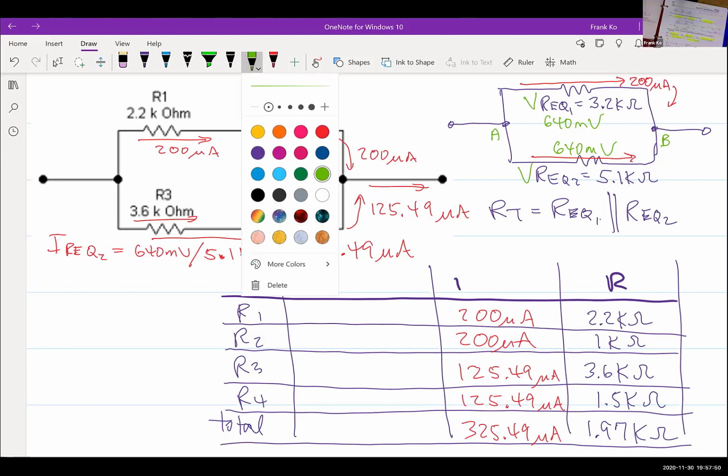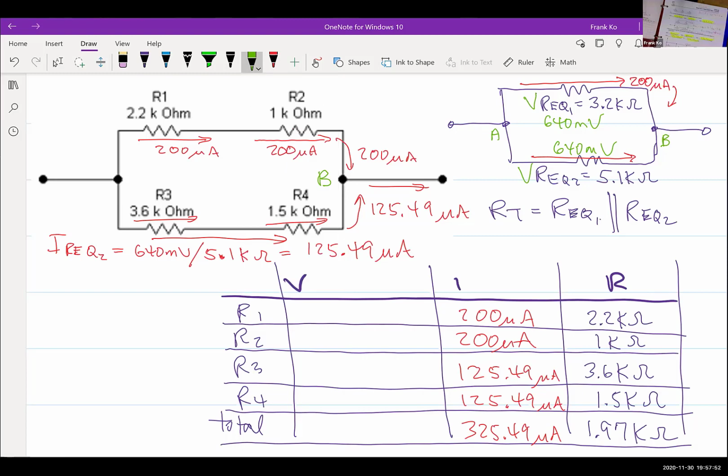So VR1, take a look at VR1. Do I have current through here of 200 microamps? Do I have ohms? Can I calculate a voltage here? I have the same current through 1K ohm.